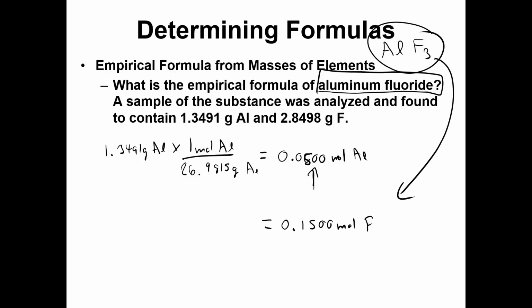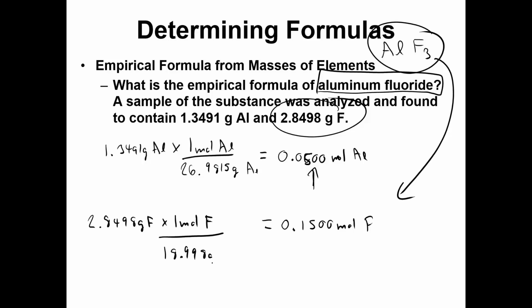But you want to do the calculation, and so here we have 2.8498 grams of fluorine times 1 mole of fluorine divided by, go to the periodic table, look up what it is, 18.998 grams of fluorine, and it does indeed give you 0.1500 moles.